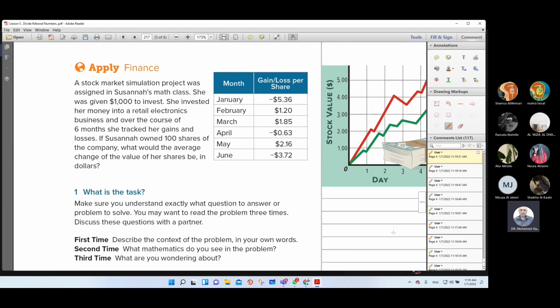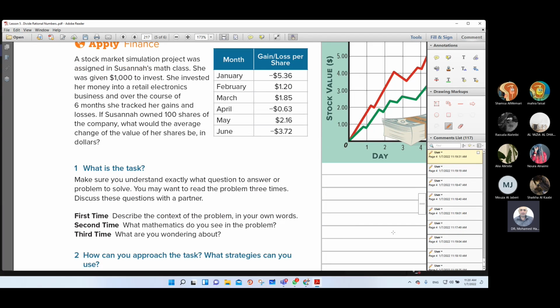In this question, a stock market simulation project was assigned in Susanna's math class. She was given $1,000 to invest.